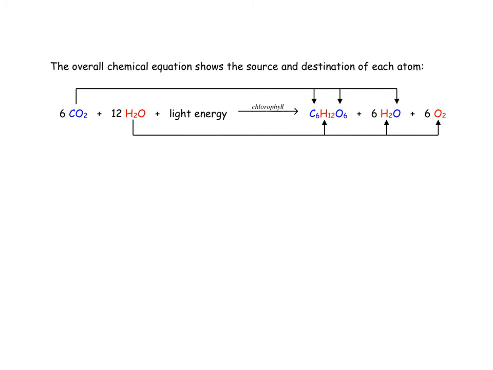As we did when we discussed our overview of cellular respiration, I want us to give the big picture, big ideas, and the source and destination of each molecule and atom within the process. So we know the overall chemical equation for photosynthesis shows carbon dioxide and water plus some light energy, with chlorophyll helping us to do that. We're going to be able to make some glucose and some oxygen.